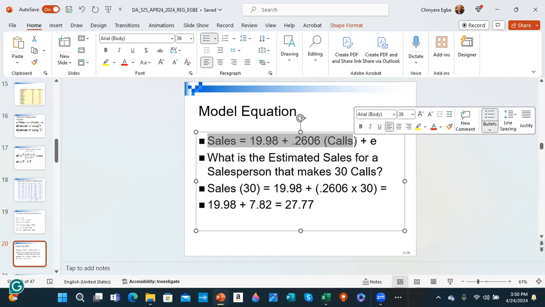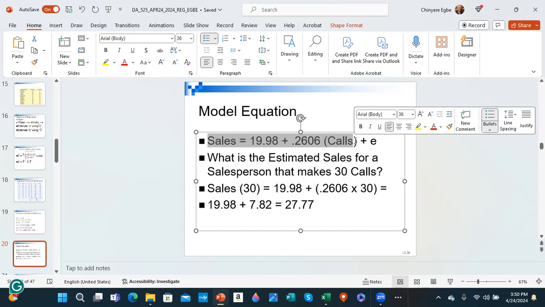Let us assume the salesperson just sits at their desk and people come in to buy copiers, and then they explain the copier to them. Without making any sales call, the salesman is going to be able to make some sales, which is approximately 20 copiers.